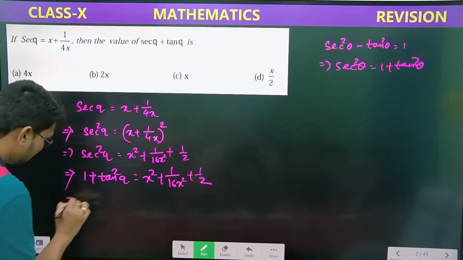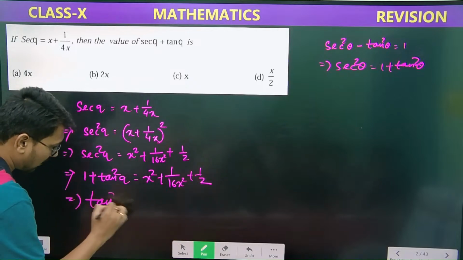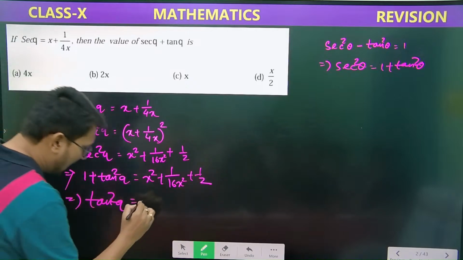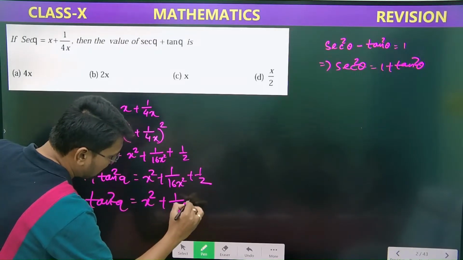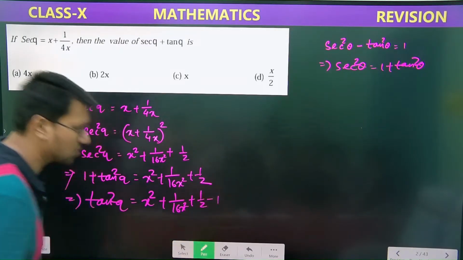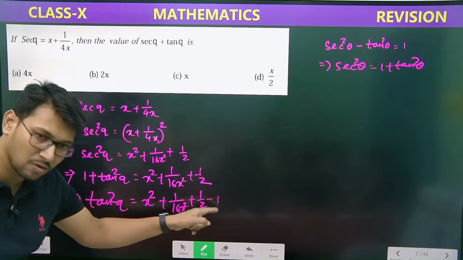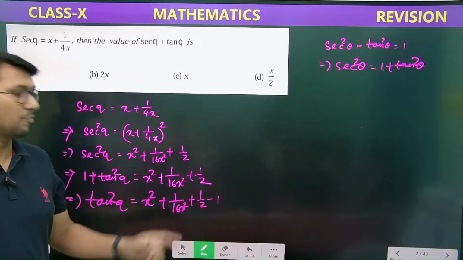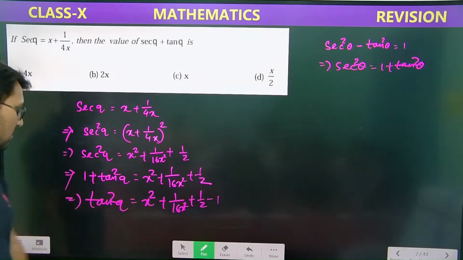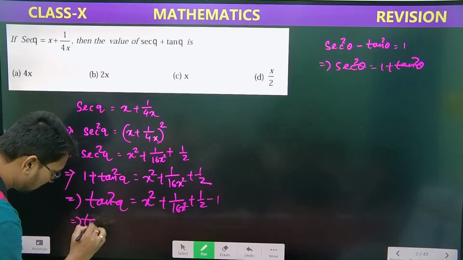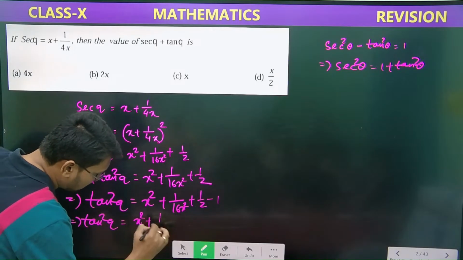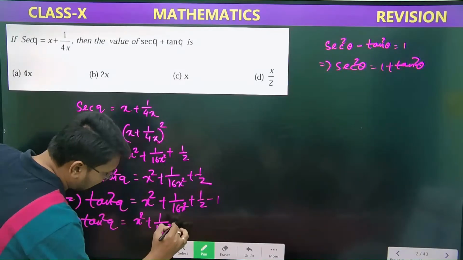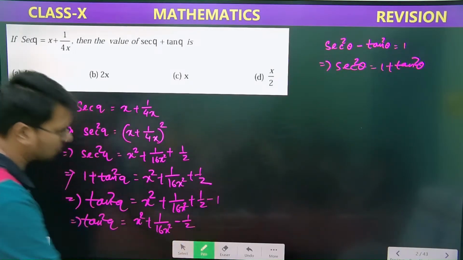So this implies, bacho, tan square q equals to x square plus 1 by 16x square plus 1 by 2 minus 1. Plus 1 by 2 minus 1 is how much? Bolo. Tan square q equals to x square plus 1 by 16x square minus 1 by 2.